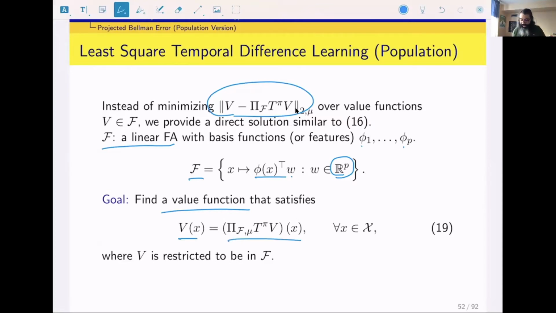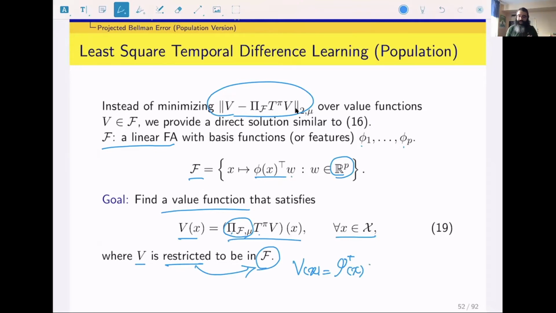So for all x's in the state space, we want it to be such that after applying the Bellman operator and then projecting back, the value would be exactly v of x. And here, v is restricted to be within function space F, which is linear, which means that I can write v of x as phi(x) transpose times w.